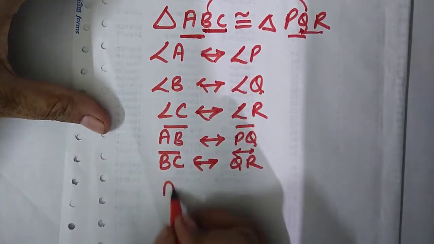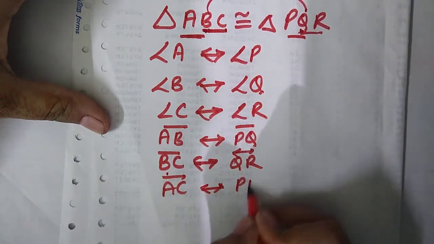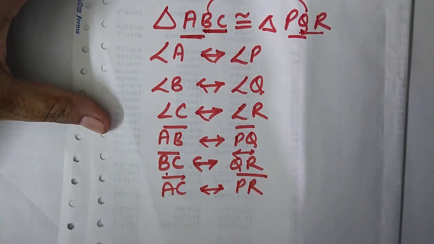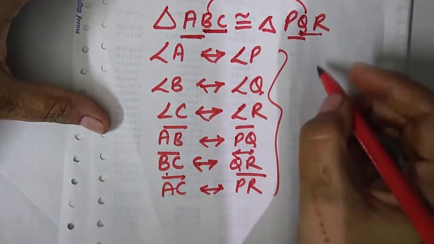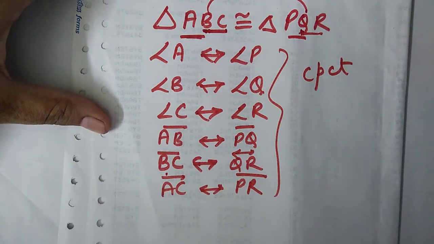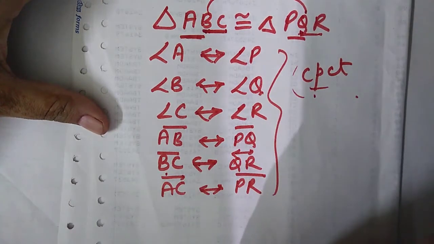Now the third side AC is corresponding to PR. So these are the six corresponding parts of congruent triangles. In short, you can say them as CPCT, corresponding parts of congruent triangles, and you can apply this only when the triangles are congruent.